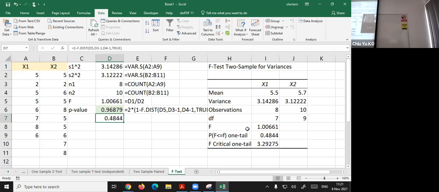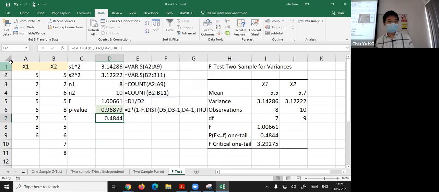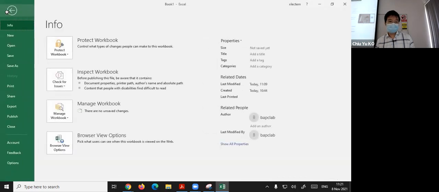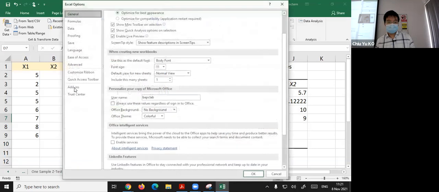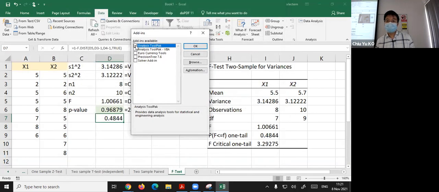So the question is about the data analysis. The F-test is here. Oh, how to get the data analysis? Simple: File, Options, Add-ins, and then Go. And then you have tick boxes here.